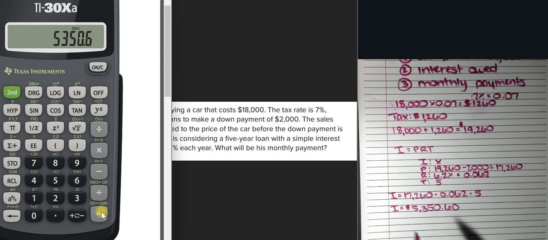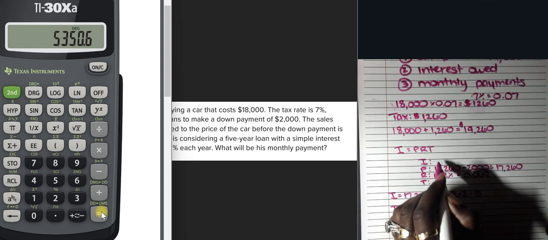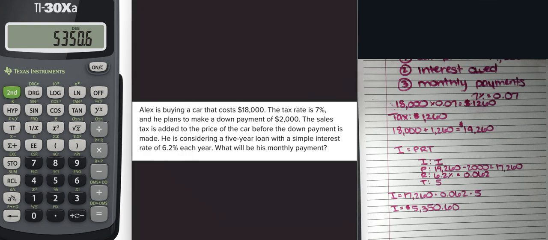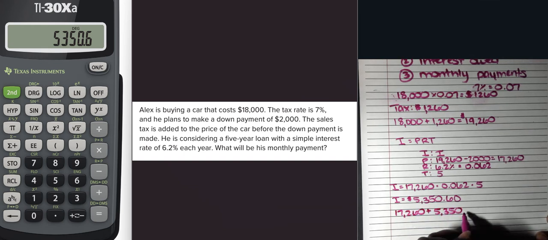Okay. So X, or I don't know why I put X. I usually use I for interest. So I is going to be $5,350.60, but we're still not done. This is just how much interest he is going to pay. So how much is he going to pay altogether? Well, he's going to pay his principal amount, which is the amount he's borrowing, $17,260, plus his $5,350.60.